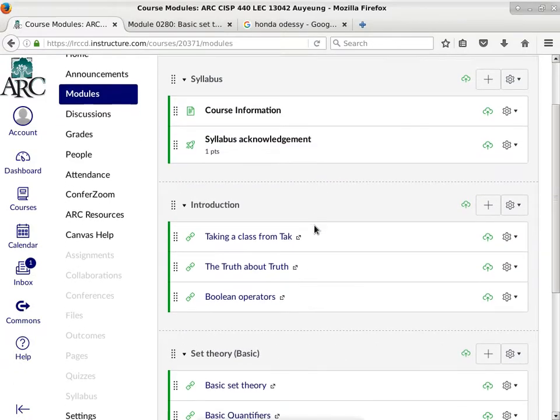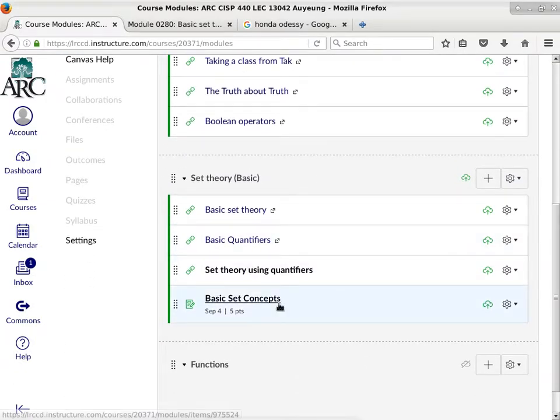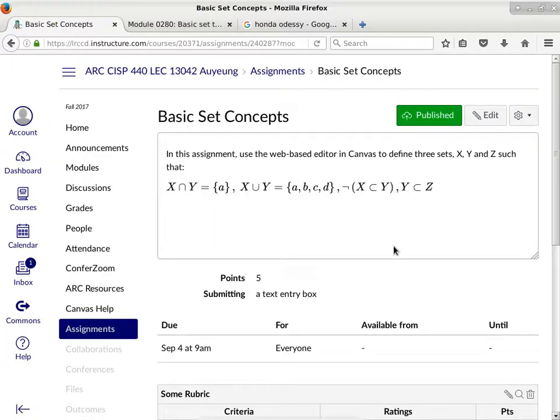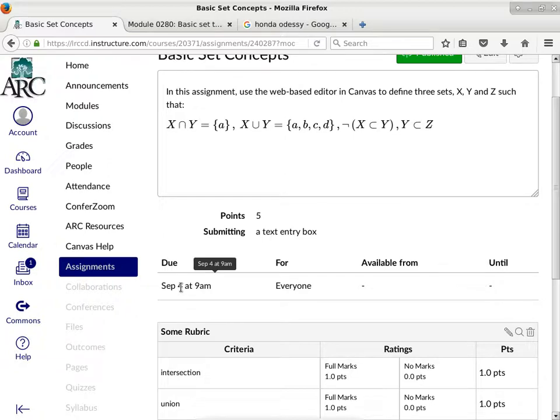So when you look at the homework assignments, in all my classes, not just this one, I think this is not a student view, but with a student view, it will also tell you when it is due. It is due right before this class starts, because I don't want people to miss the class because they are trying to get the homework assignment done.